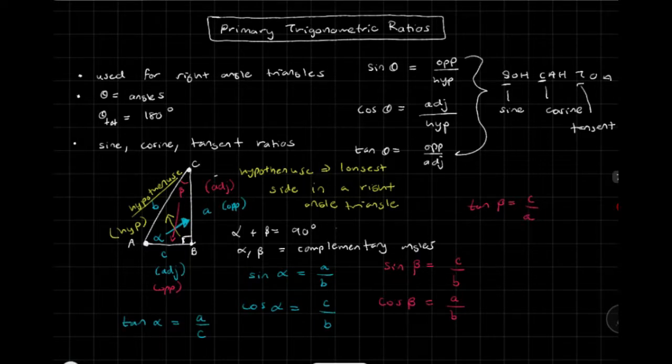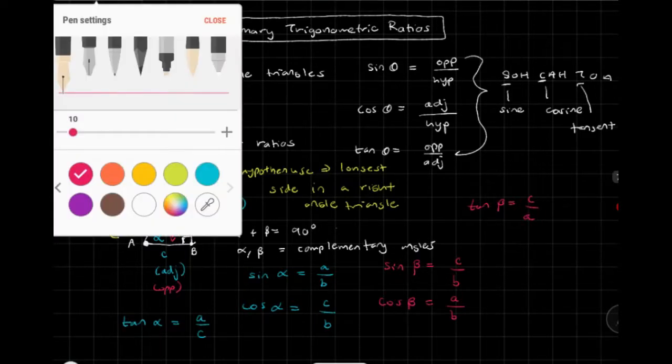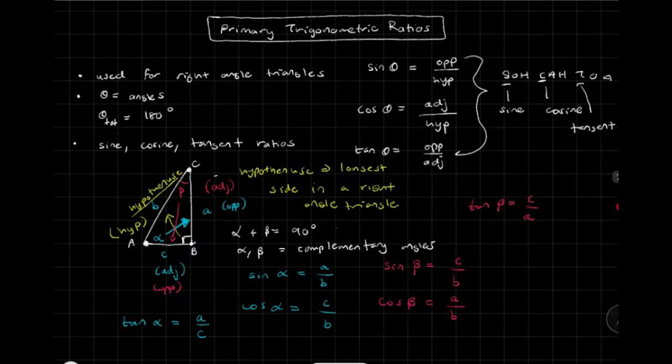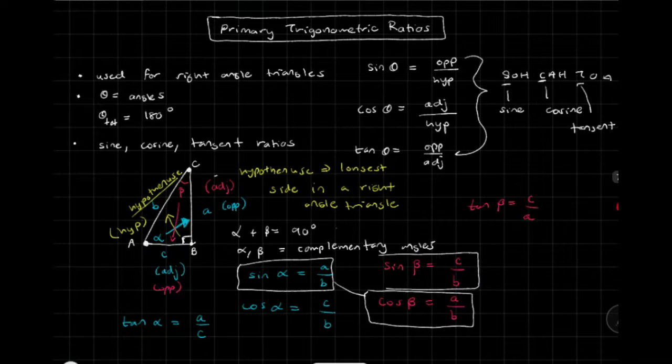And you can actually notice a few things here. You can notice that sine alpha is equal to the ratio of cosine beta. And we can also notice that sine beta is equal to the ratio of cosine alpha.